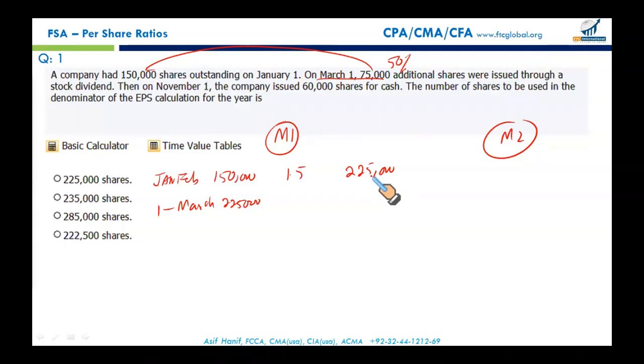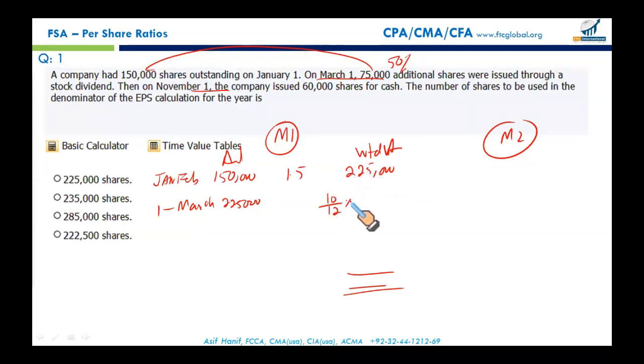So these are the weighted average, and this is the actual. We need these for our computations. All right. Now, there is no stock transaction till 1st of November, and these shares will remain outstanding for 10 months: Jan, Feb, March, April, May, June, July, August, September, October. 10 months out of 12. 225,000 will be counted for 10 out of 12.